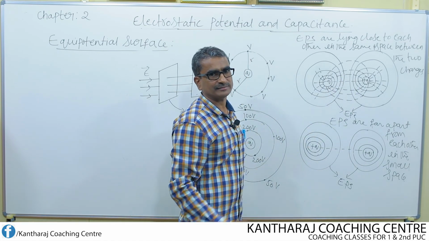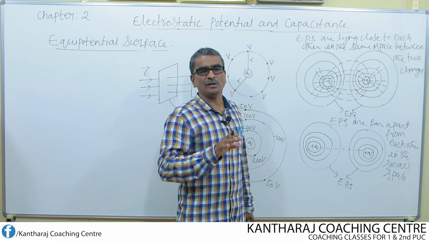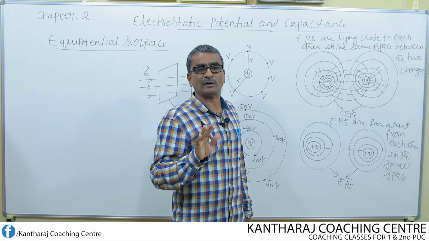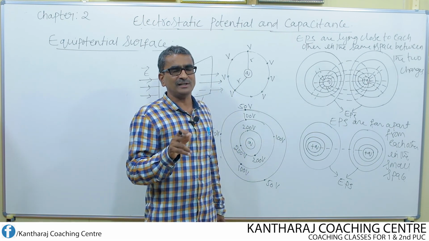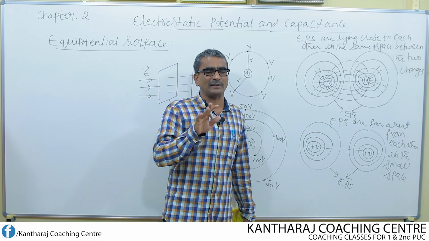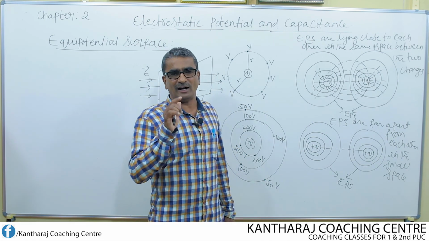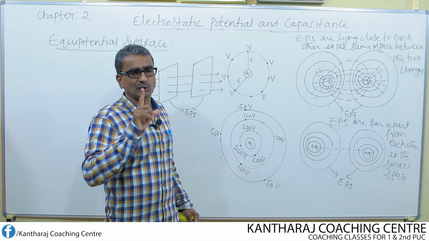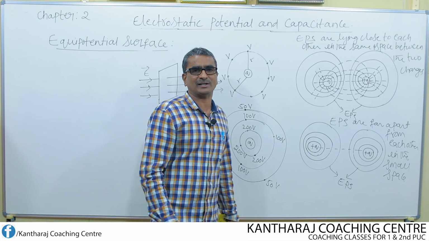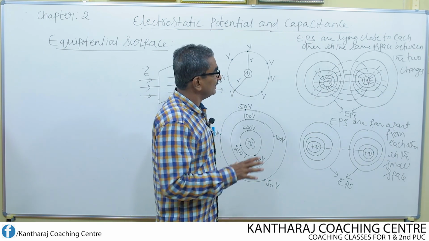Because it is one of the basic properties of electric lines of force. No 2 electric lines of force are going to intersect. If they intersect, then at the point of intersection, there must be 2 electric field directions, which is not possible. At one point there will be only one field direction. Two fields cannot exist at one single point.